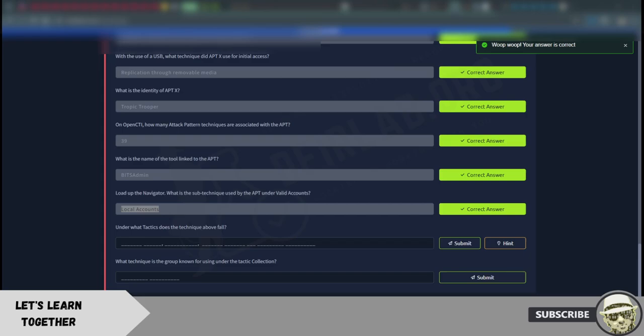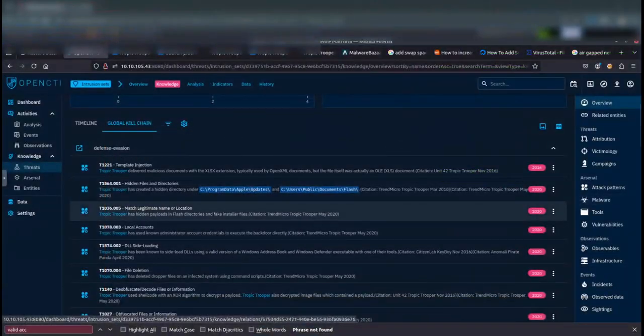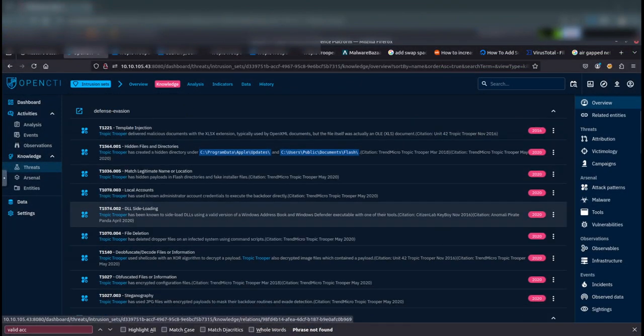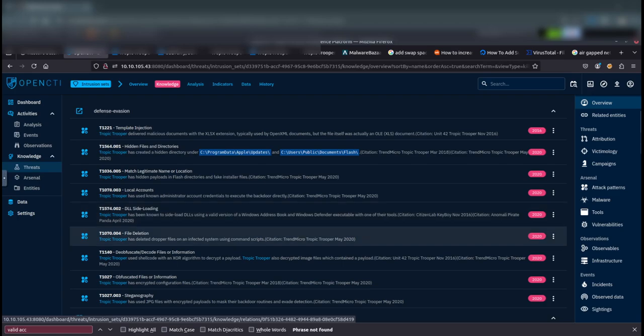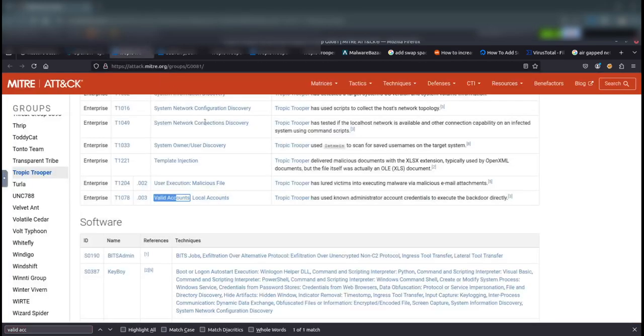Okay, this one called defense evasion. This is it. Defense evasion. But here you can find this, enterprise, valid accounts.